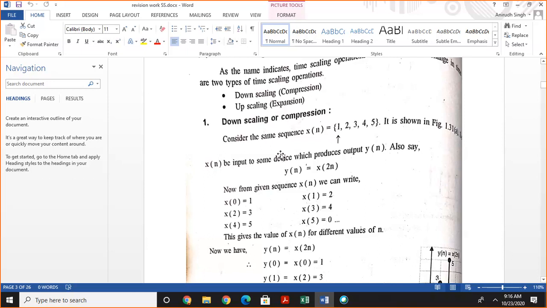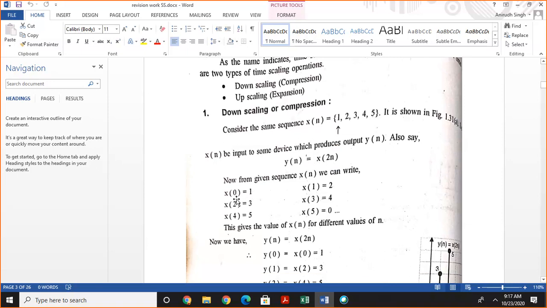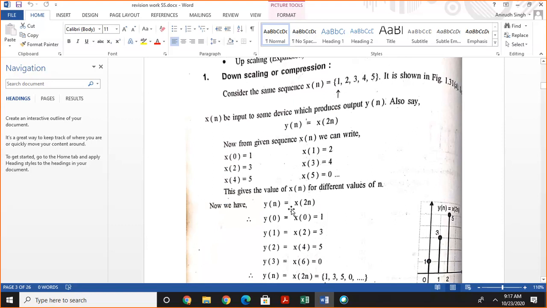Then time scaling operation, downscaling or compression. Suppose x of n is given by this, then y of n is equal to x of 2n. In time scaling, first you write down all the values of x of 0, x of 1, x of 2, x of 3, x of 4, x of 5, and then you write y of n is equal to x of 2n, and then put n equal to 0, 1.